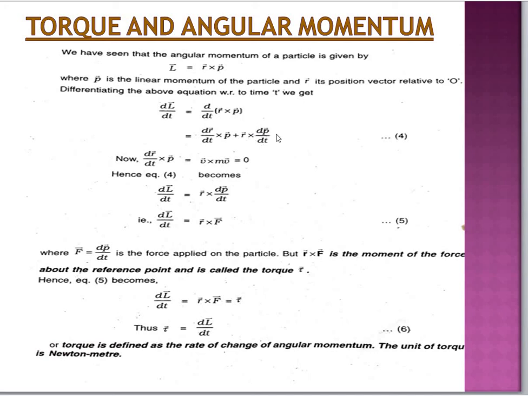So what is dp by dt? It is the rate of change of linear momentum, and rate of change of linear momentum is nothing but the force.